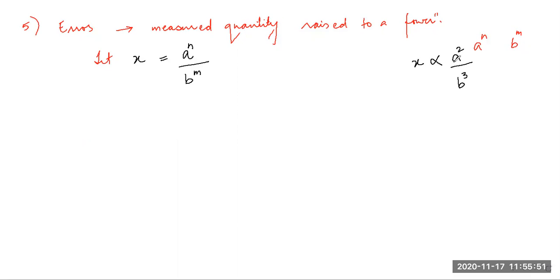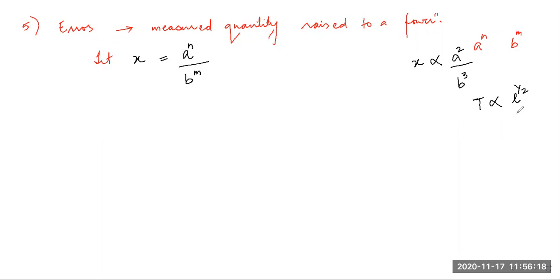Like you have seen, the time period of the pendulum is proportional to the 1 by 2 power of length. Do you remember the formula for the time period? T equals 2 pi under root L by g, that is L to the power 1 by 2 and g to the power minus 1 by 2.